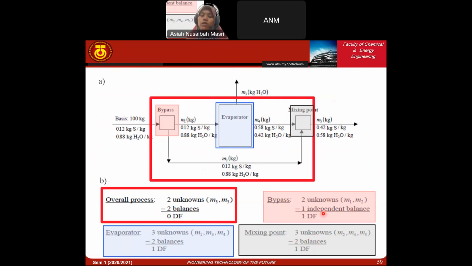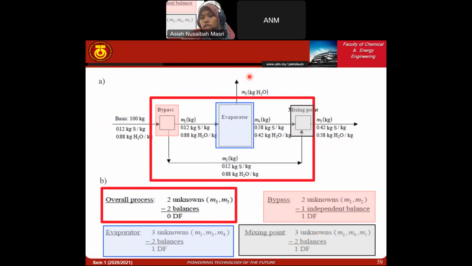So basically, how do we solve it? We can start from the overall process. If we solve the overall process, we are actually solving M3 and M5. Then where should we continue? We can see the degrees of freedom. All other units have only 1 degree of freedom, so if we know one of the unknowns, then we can solve it.